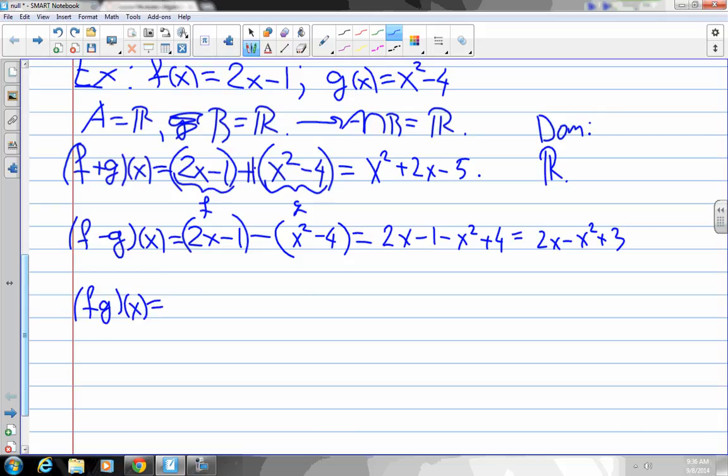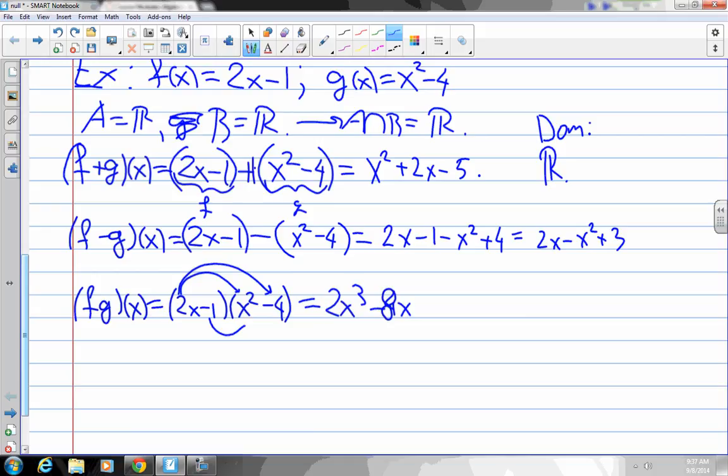fg of x. So that tells me to multiply both functions. And this is where we're going to have to FOIL to open up the parentheses. So it's 2x times x squared is 2x cubed. 2x times negative 4 is negative 8x.